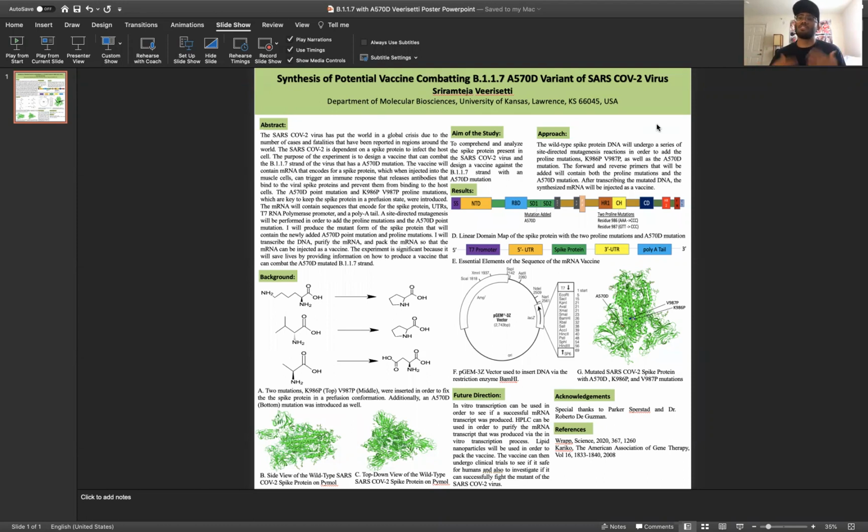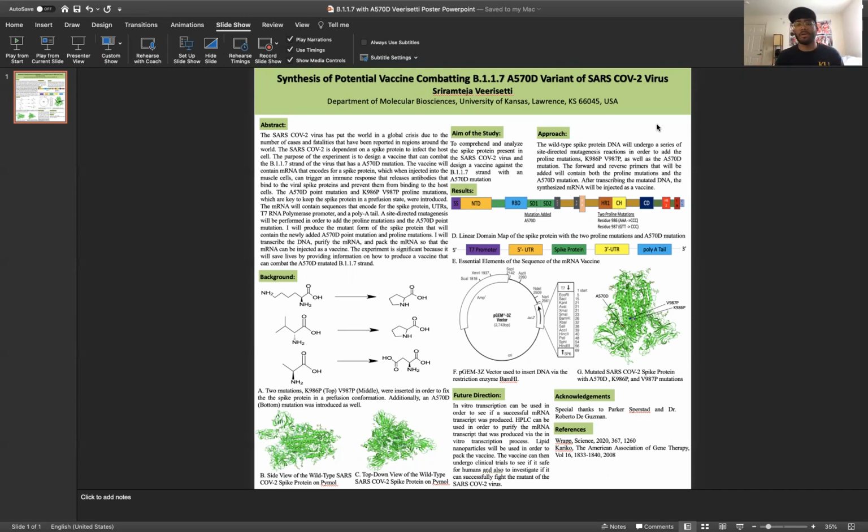To first start off, it's important to understand the scenario of the situation. The COVID-19 epidemic has been catastrophic. We've lost a lot of lives across the United States and across the world to this horrendous virus. I specifically chose the B.1.1.7 A570D variant because I know that it's had a huge impact on the British countries.